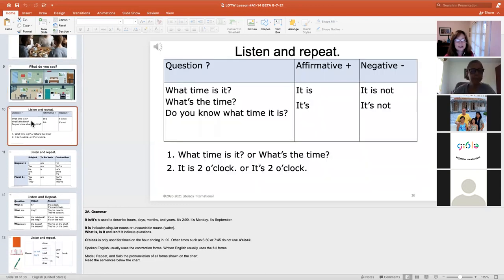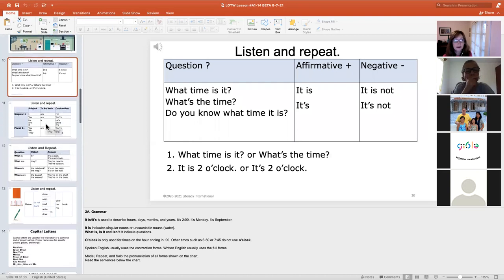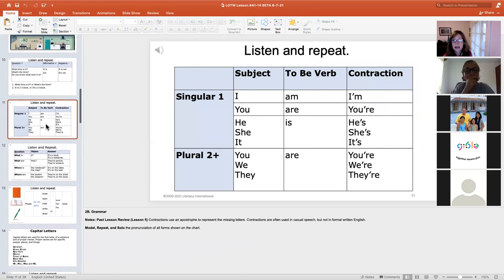The next thing you'll do is go through the grammar. And again, they already know this, so you're just going to go over it briefly, but see if they have any questions. This is where we can see if there's gaps in their knowledge, that they haven't learned things fully. So we learned about asking what time it is.